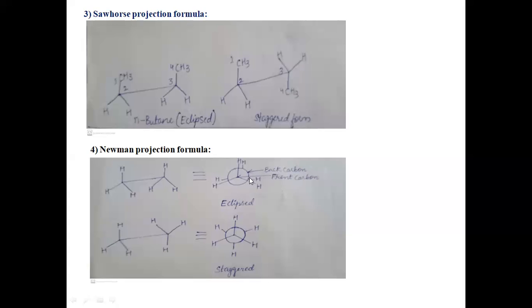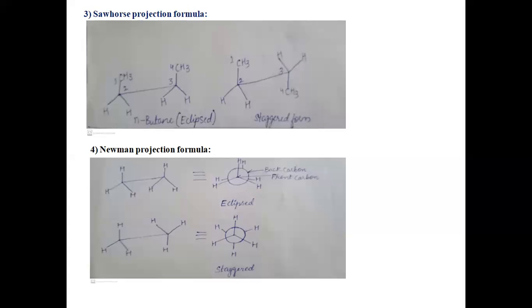We represent those bonds with shorter length at an angle of 120 degrees to each other. All three bonds are at 120 degrees to each other. So this is the representation of the molecule in the form of the Newman projection formula.